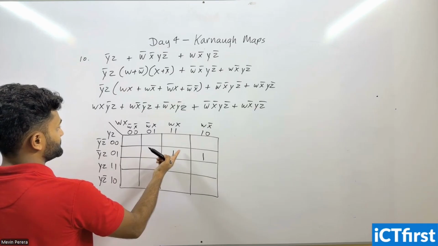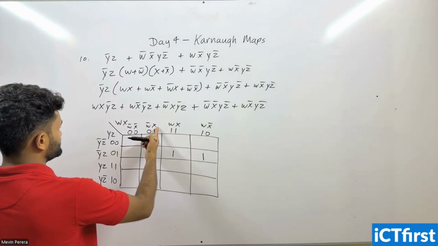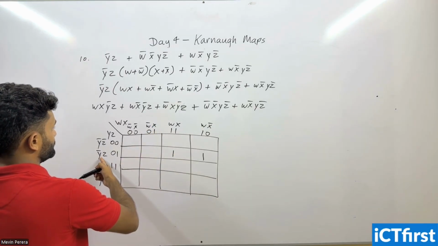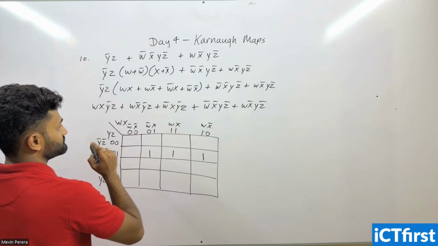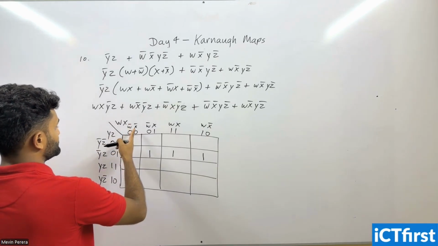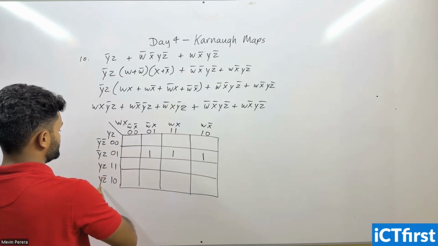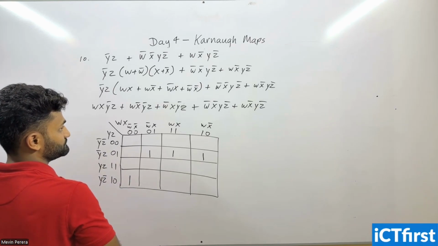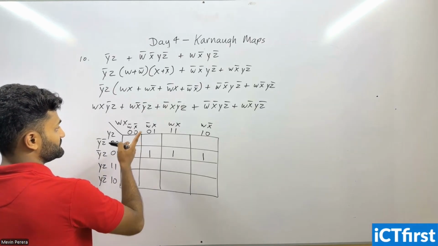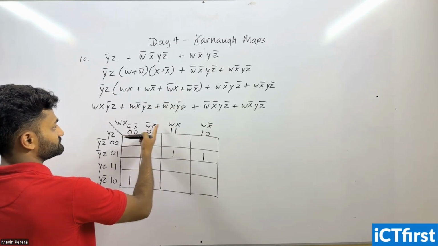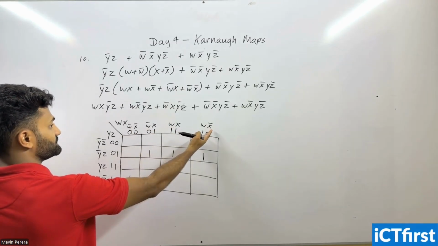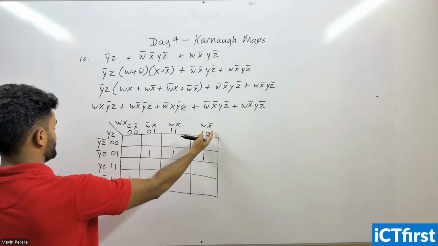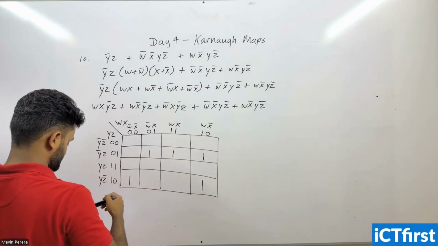That's why I'm filling it with ones. WX Y bar Z. This one. W bar Z bar YZ. This one. W X bar YZ bar. This one.